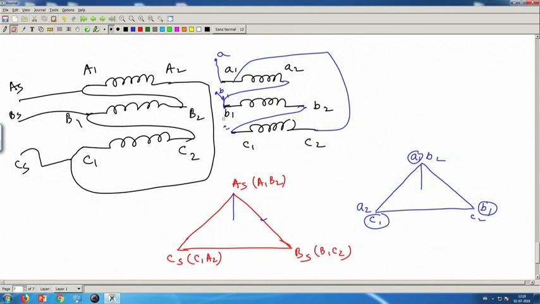I actually did same thing, and this is your C. So, in this case then the phasor diagram will be like this.